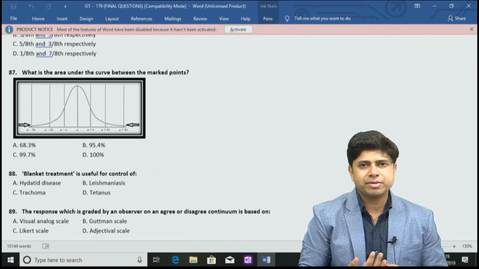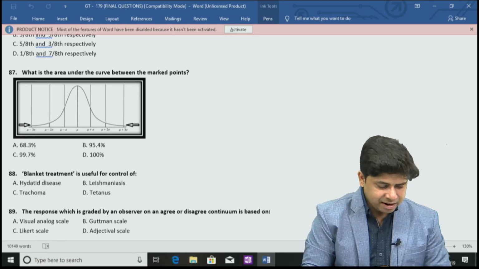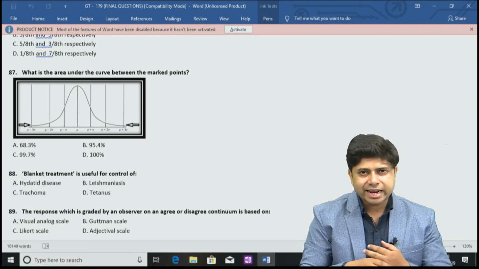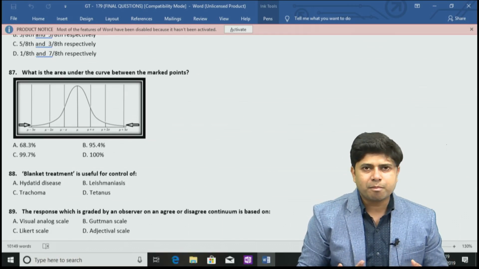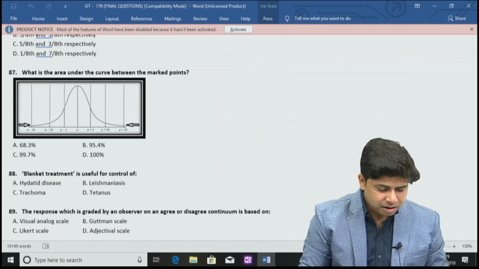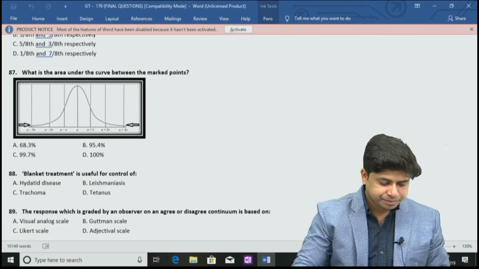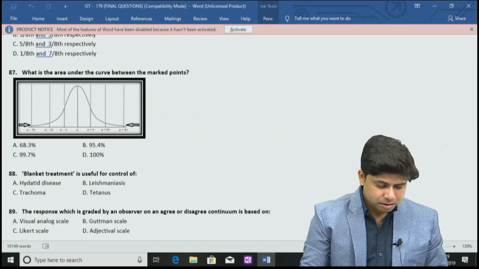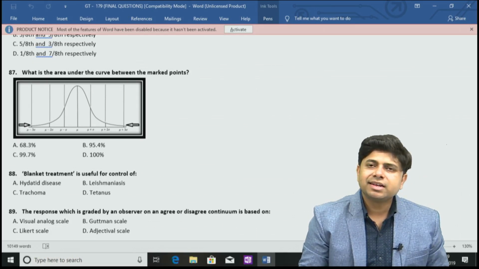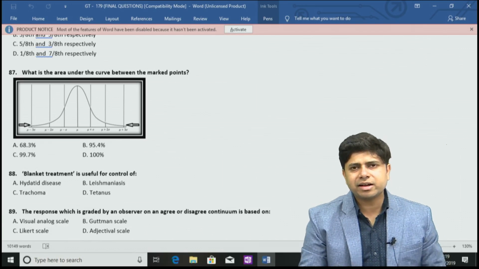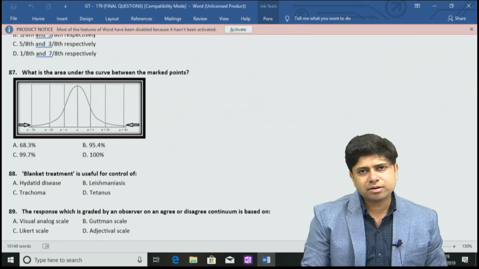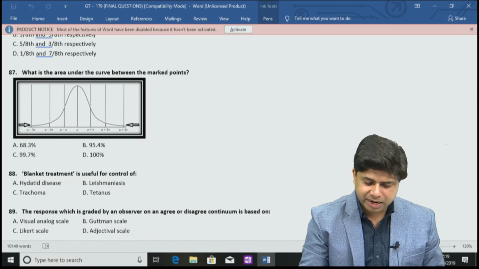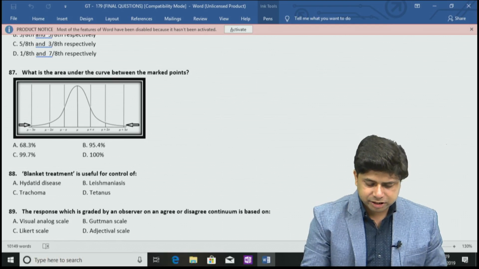Mass treatment is used for trachoma, and the treatment may be given to the entire community. The entire community receives the treatment in the form of a mass treatment, and that is known as the blanket treatment. Nothing much to do in this question. This is again fact based. This mass treatment, known as blanket treatment, is done in trachoma.